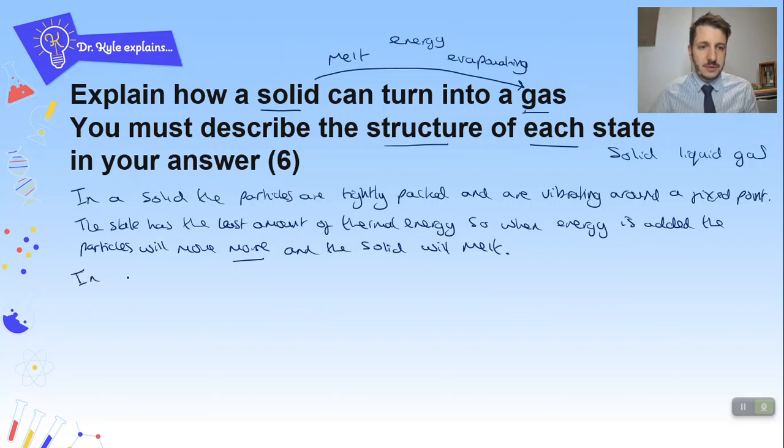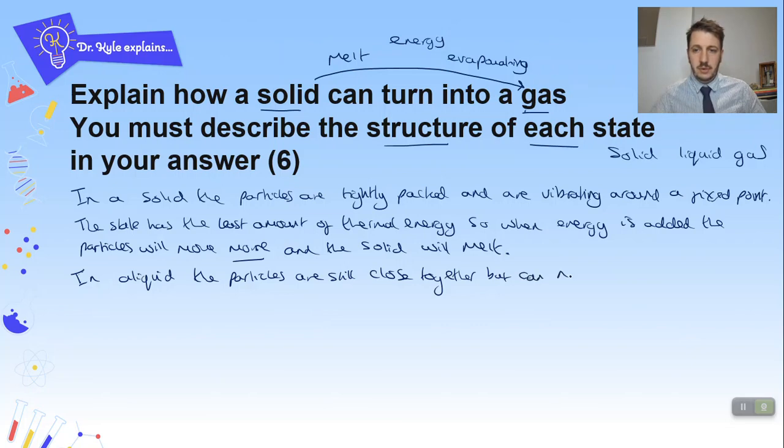Okay, so in a liquid, so we're now showing that we understand that melting turns into a liquid. In a liquid, the particles are still close together, but can now freely move.